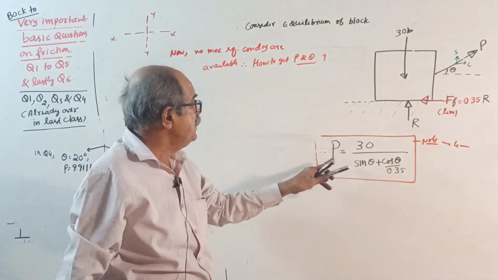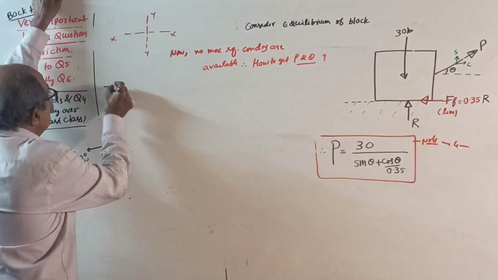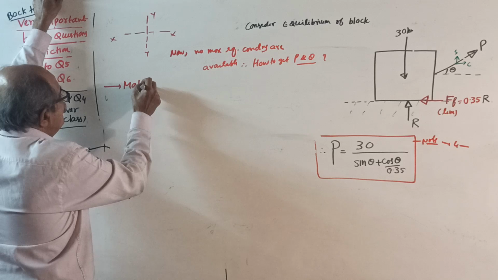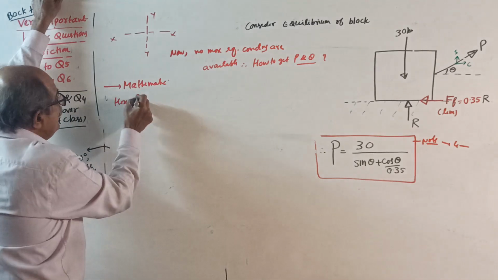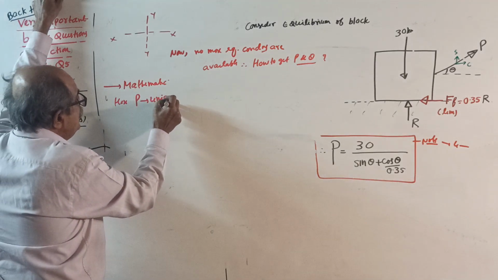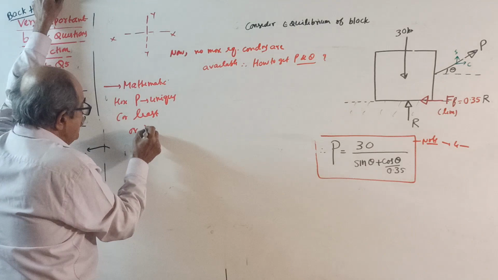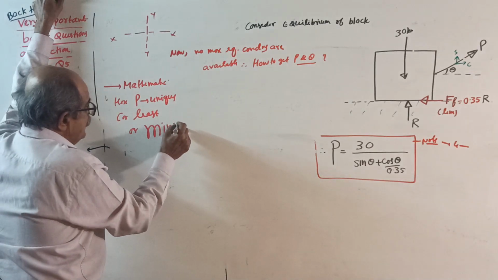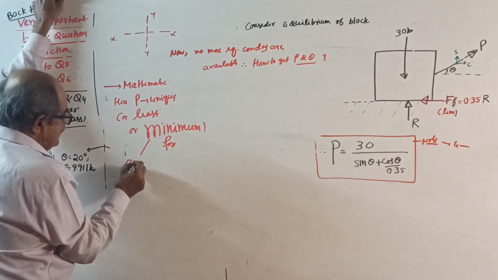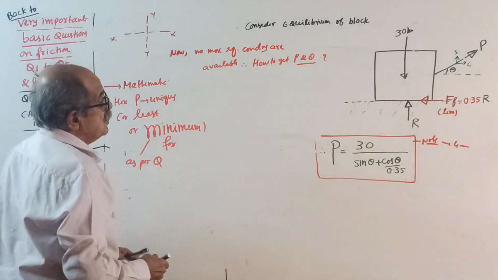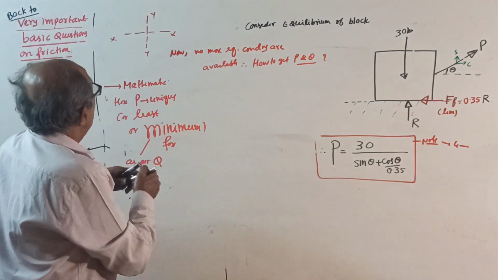We got P in terms of theta. Therefore, use the mathematical concept. Here you should write that P is a unique value, the least or minimum. As per the question, your P is the minimum force. Therefore, go for mathematics.